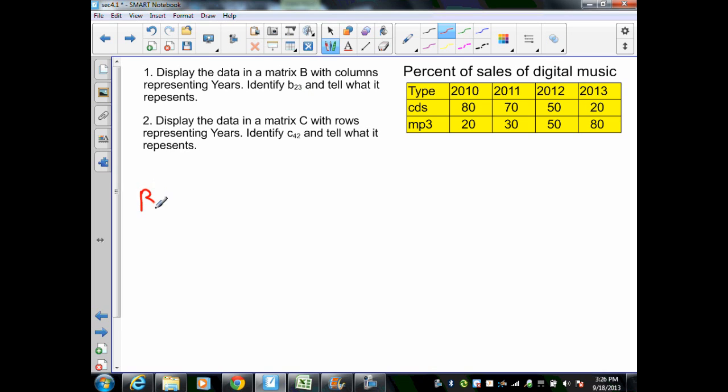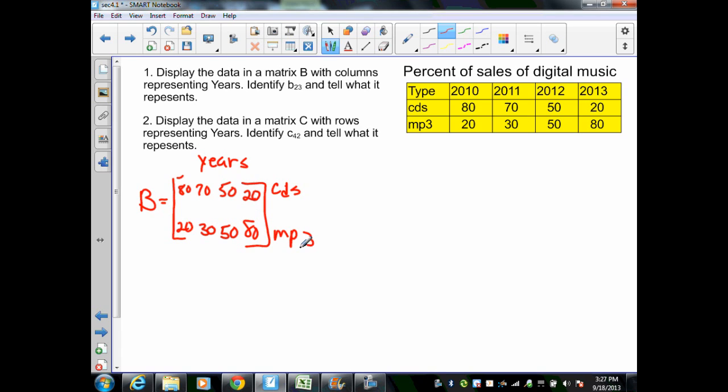My matrix B will have the years vertical and CDs and MP3s as the rows. And that would be 80, 70, 50, and 20 for the CDs, and then 20, 30, 50, and 80 for the MP3s.